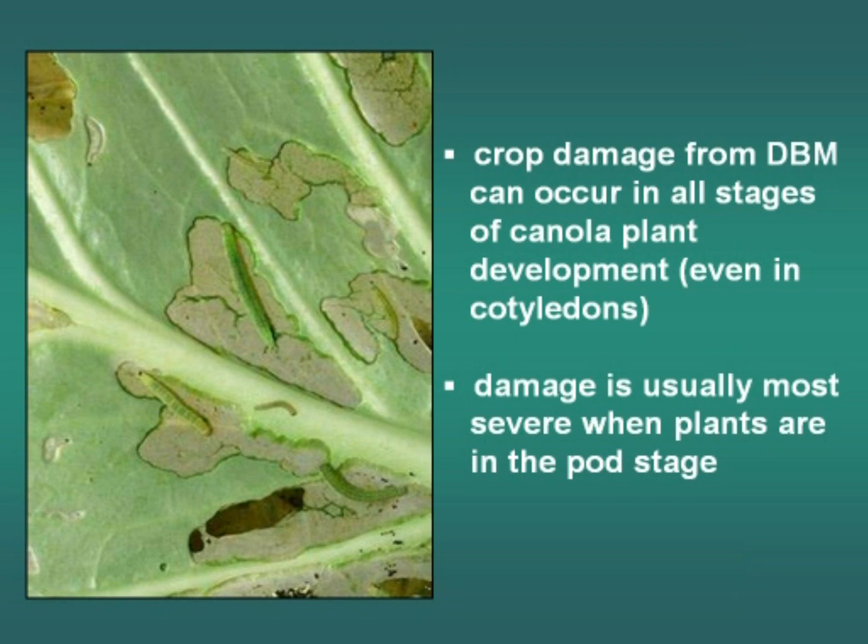In the outbreaks of 2003 and 2005, we had large infestations very early in the season, and for the first time we had to deal with how to accommodate damage that early in the season. But damage is not as severe when the insect attacks the leaves as when it attacks the pod stage later on.